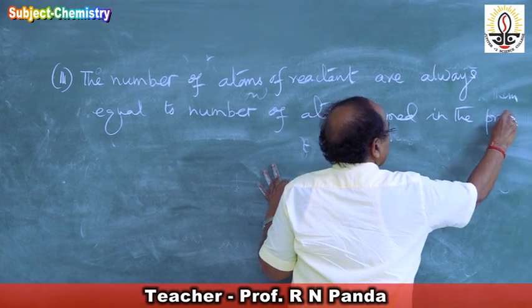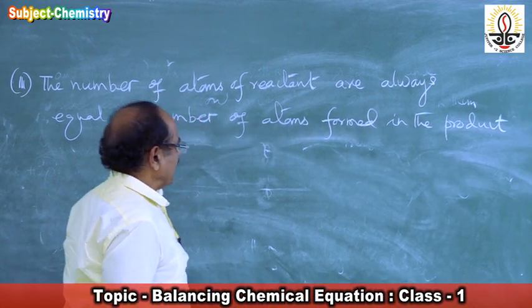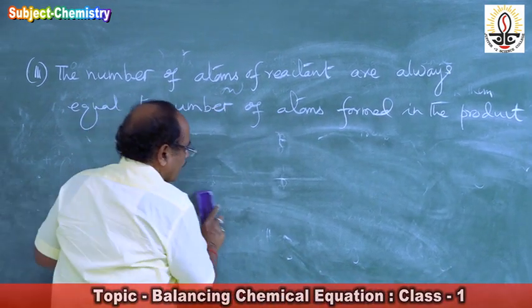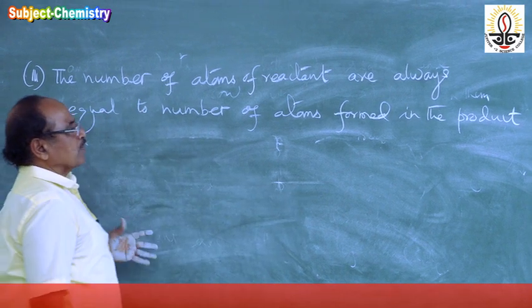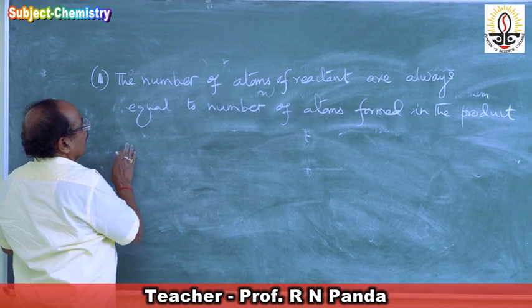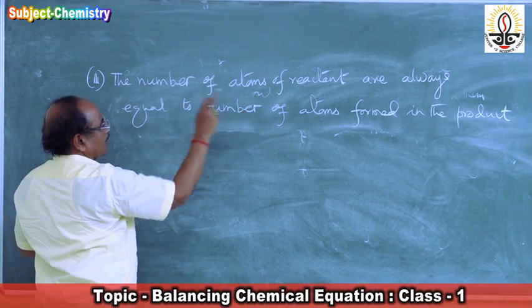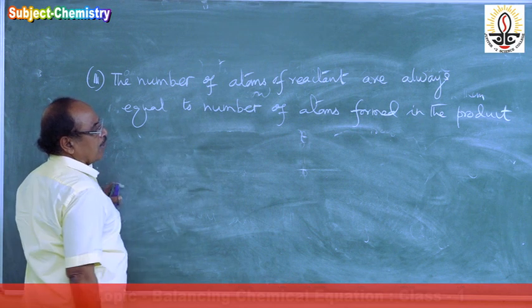Why? The mass will not be lost, so mass remains the same. Atoms cannot be created or destroyed, so the number of atoms of reactant will always be equal to the number of atoms of product. How to do this?